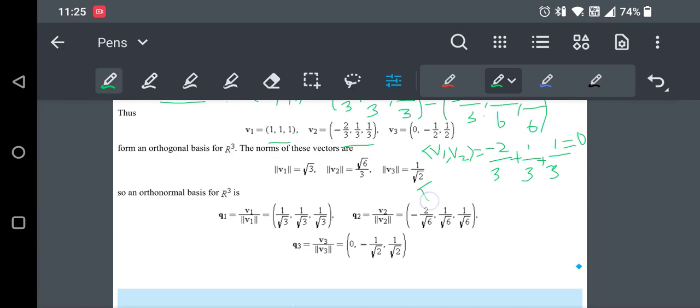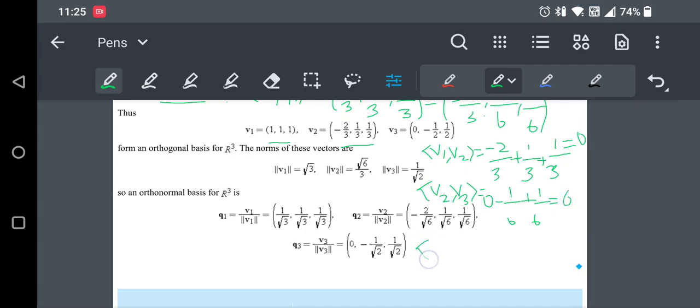Similarly, the inner product between V2 and V3. So when you take the inner product between V2 and V3, what you will be getting is minus 2 by 3 into 0 is 0. 1 by 3 into minus 1 by 2 is minus 1 divided by 6. So it is plus 1 divided by 6. On the whole, you are getting 0.